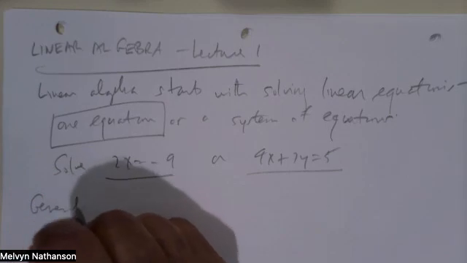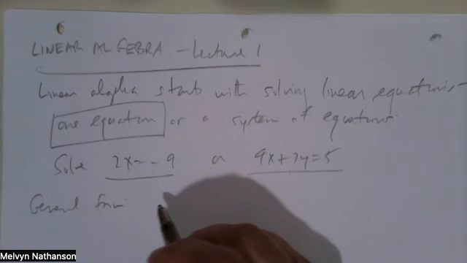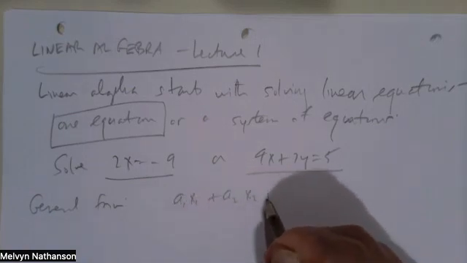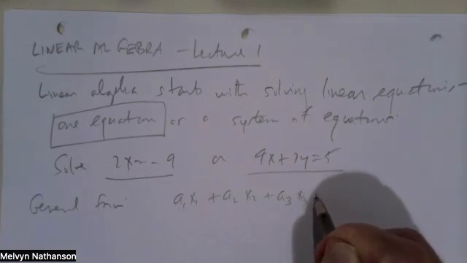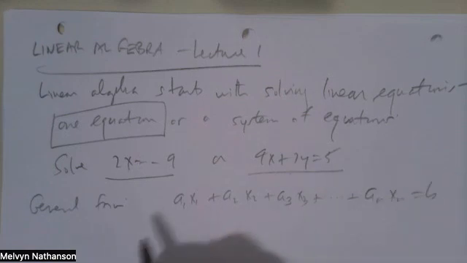And the general form of one linear equation in n variables is a1x1 plus a2x2 plus a3x3, maybe we have n variables, plus anxn equals b.